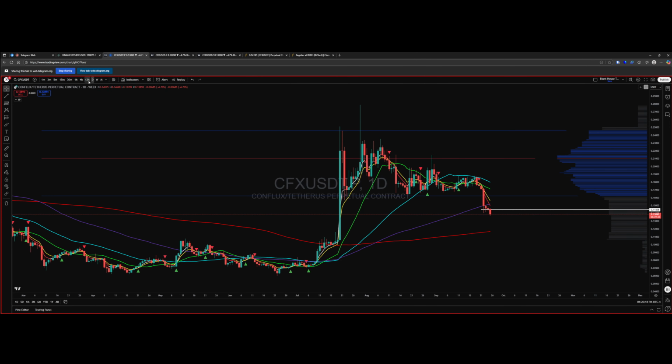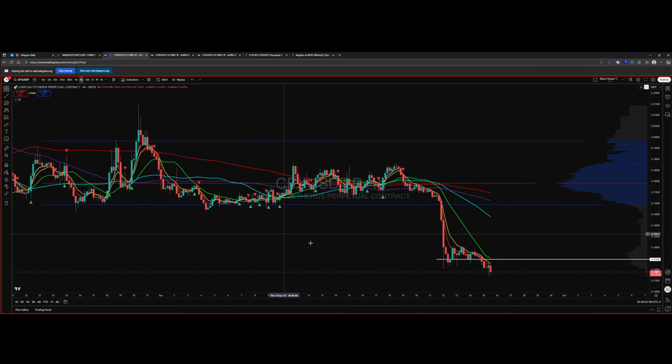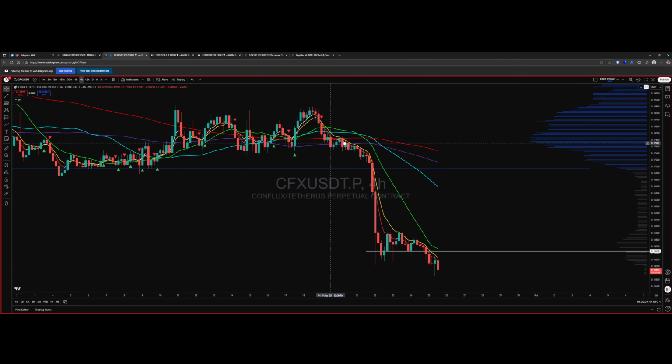And if we look on the shorter time frames, when everything comes together like this and you break it, all of this is now future resistance.